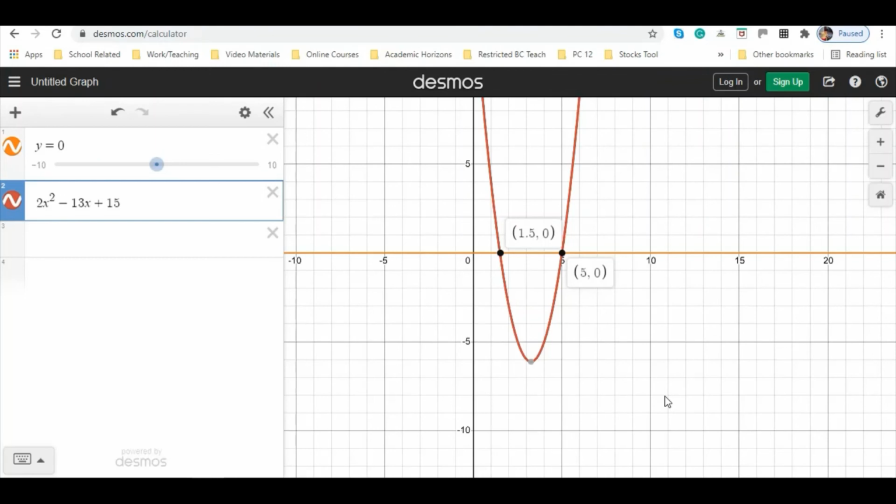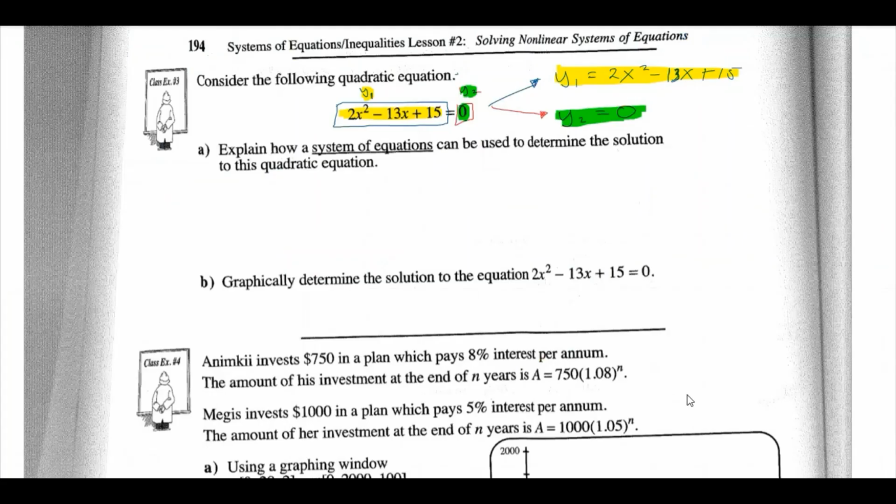You're going to set it to 0, so essentially you're just finding the x-intercept of your quadratic function. That would be the solution of your quadratic equation. If you can see, that's 1.5 and 5.